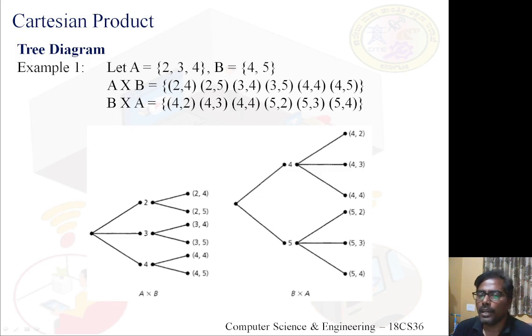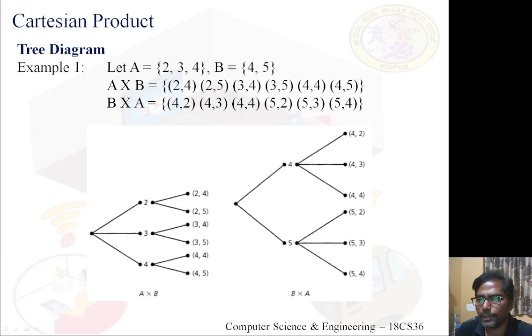Thus for the same previous example, set A consists of 3 elements 2, 3, 4, and set B consists of 2 elements 4, 5, and as you can see, A cross B and B cross A consist of 6 ordered pairs, right?